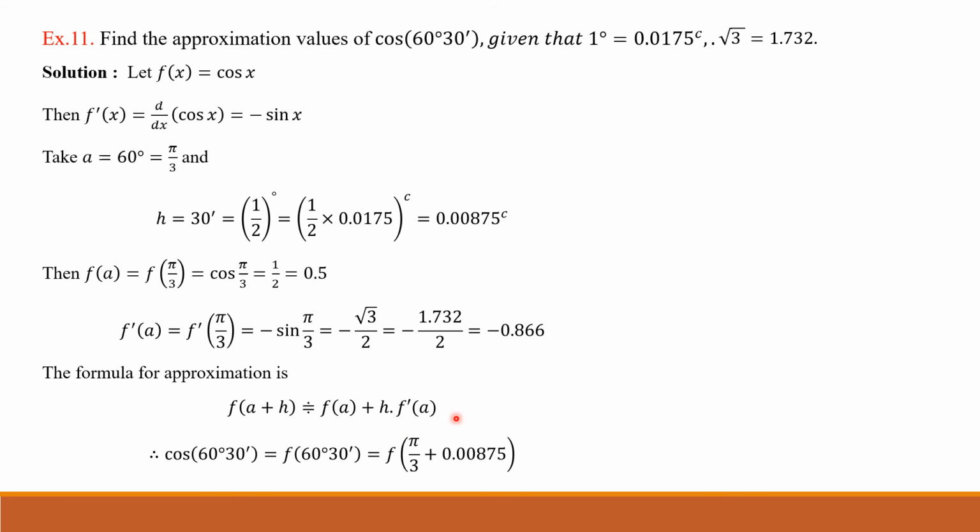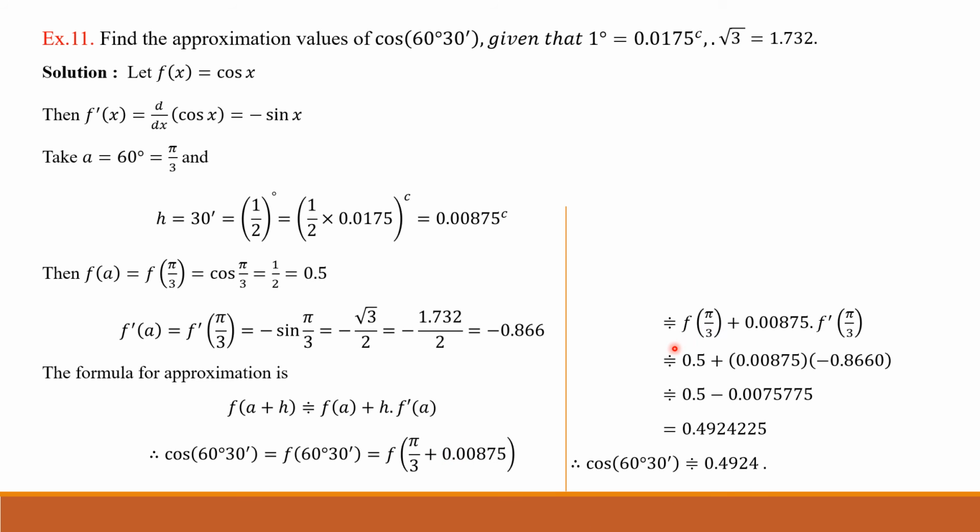The formula for approximation is f of a plus h is equal to f of a plus h into f dash of a. We have to find cos of 60 degrees 30 minutes, that is f of 60 degrees 30 minutes equal to f of, converting to radians, pi by 3 plus 0.00875, that is a plus h. Hence f of pi by 3 plus 0.00875 into f dash of pi by 3.